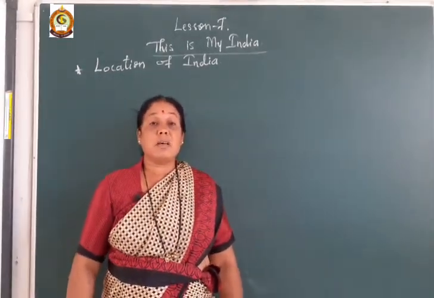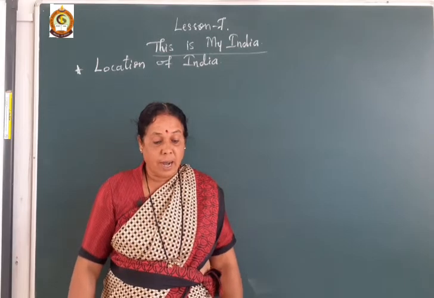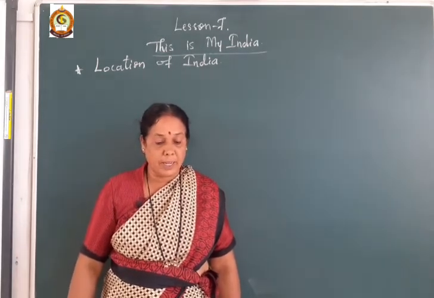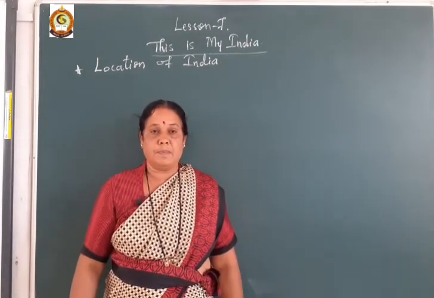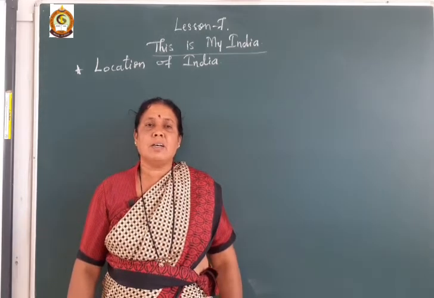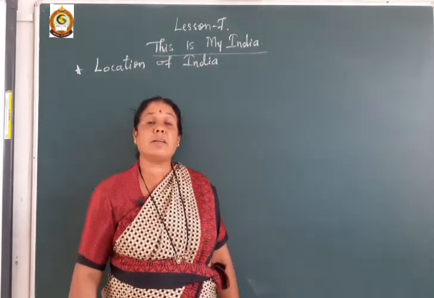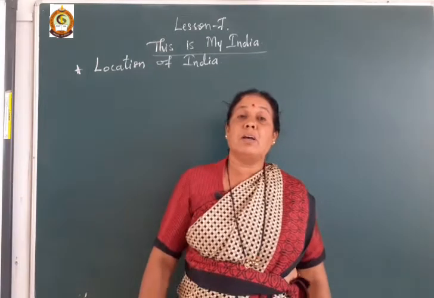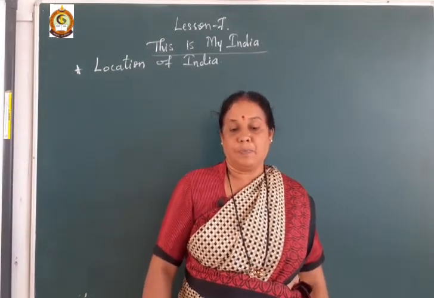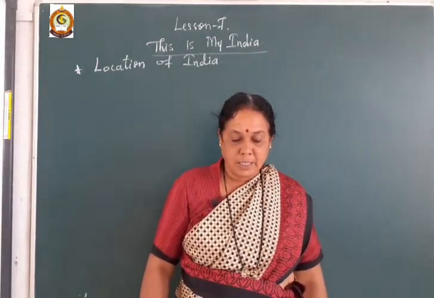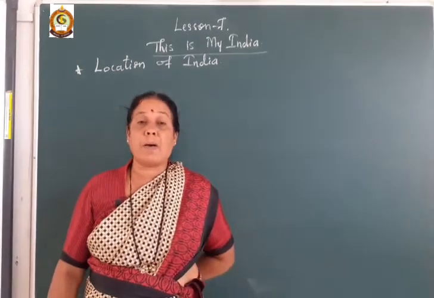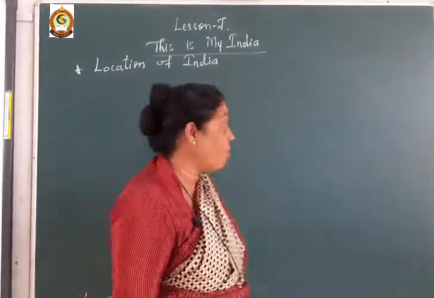It is the 7th largest and the 2nd most populated in the world. Our country India is the 7th largest and 2nd most populated country in the world. And dear student, it is located in the southern part of the continent of Asia.